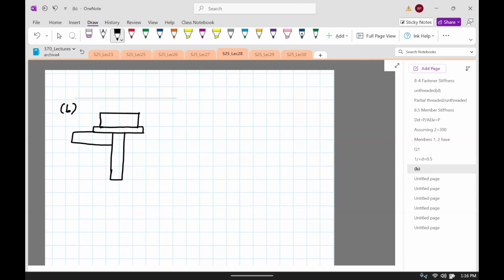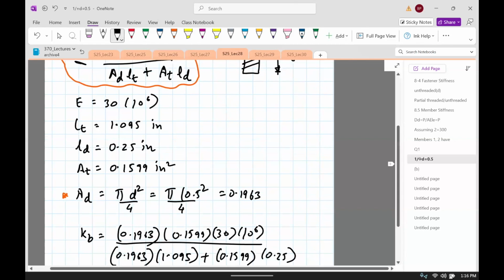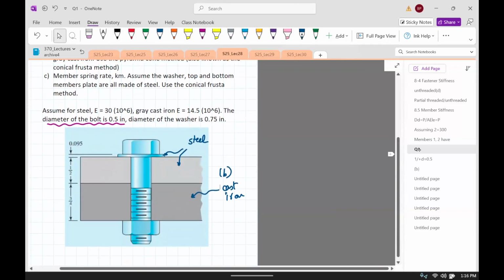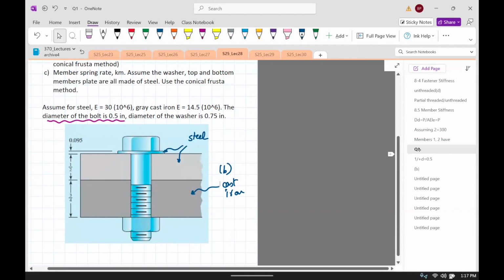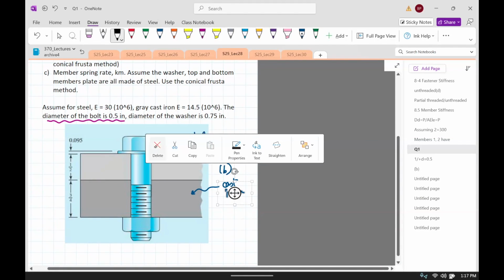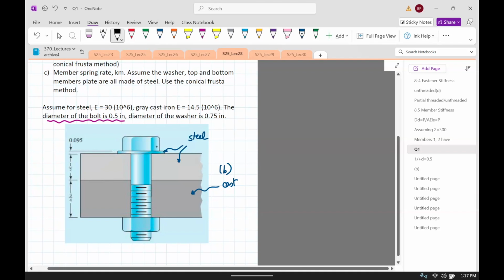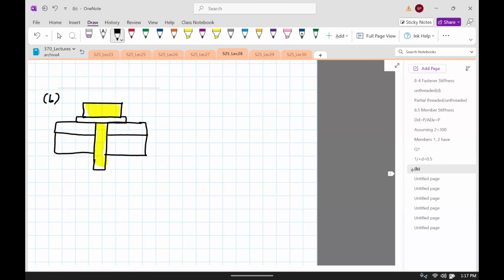Here is member 1, member 2, bottom member, and I'll just shade this so you know it's the same object. So this is my bolt. Okay, so here is actually the figure given here. I'm just redrawing this. A part of it is threaded, part of it is not. We're given the thicknesses of the washer, the top plate, which is half, and 3/4 of the bottom plate. Let me just draw those.